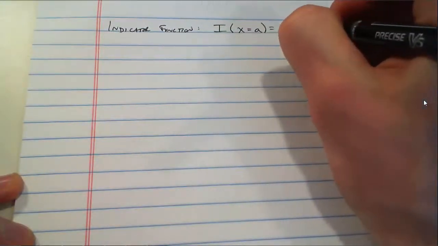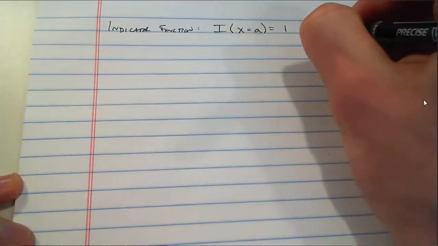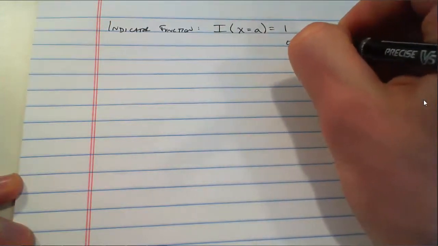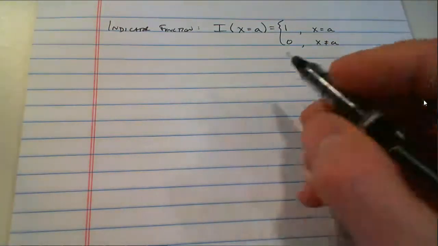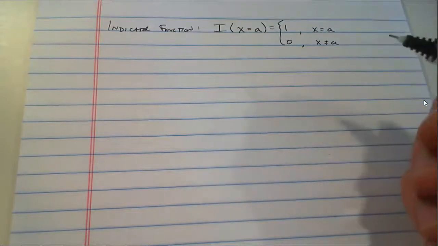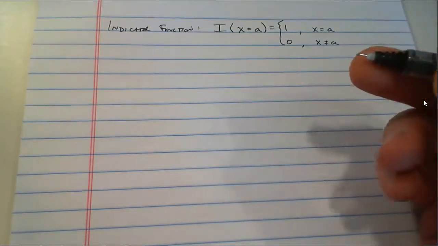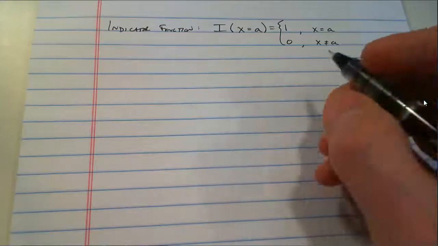So this whole indicator function equals 1 when x equals a, and it equals 0 when x does not equal a. And that's going to be great, because when we add groups, we can then use the indicator function to indicate which group observations belong to. So let's look at one more simple example before we move to Anova.